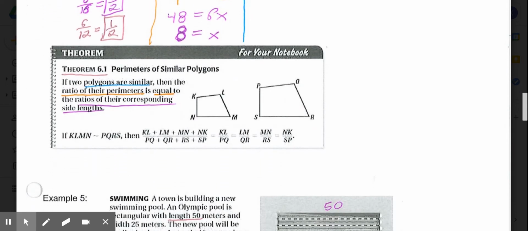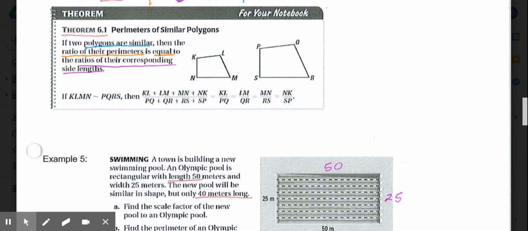So all of that builds into our theorem 6.1, which is the perimeters of similar polygons. And it states if two polygons are similar, then the ratio of their perimeters is equal to the ratio of their corresponding side lengths.